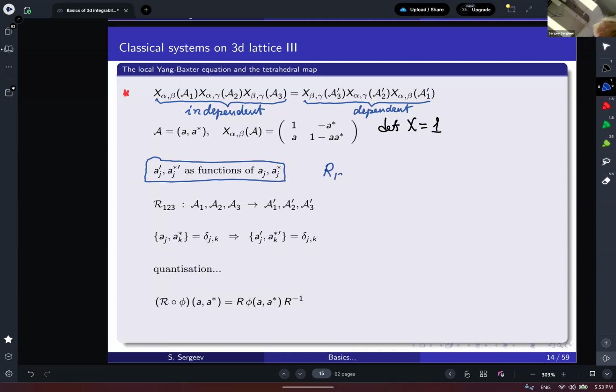So R1, 2, 3 being applied to any function of independent A, which sit on the left-hand side, the result must be the same function, but now it depends on primed variables. So that's the definition of a functional map. So it's not a set theoretical map, it's functional, it's different. Be careful.